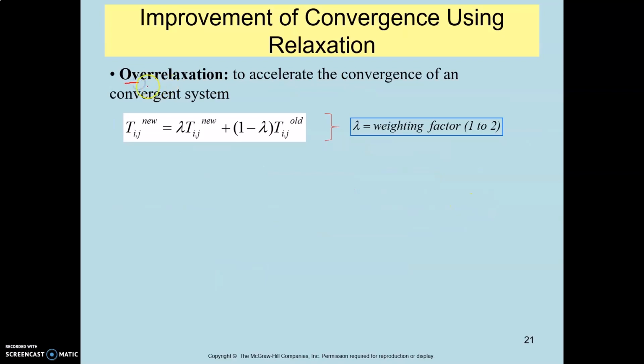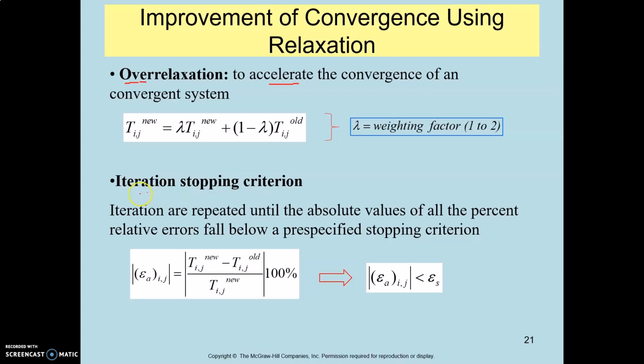Here we have the over-relaxation and we have the iteration stopping criterion. Let's say we choose 1%. If the approximate percent relative error that we calculate is less than 1%, then it will stop.